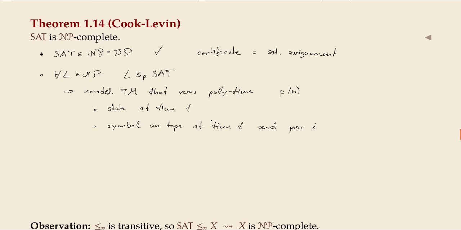And then in the end, the formula is satisfiable if there is one run that leads to a final state. Okay, so this is very sketchy. If you do it in detail, it's a few pages full of writing. It's not my point here to do that in detail. But maybe if you do it in detail, you find out what the third bullet is. Maybe you can recall or imagine how the proof would look.